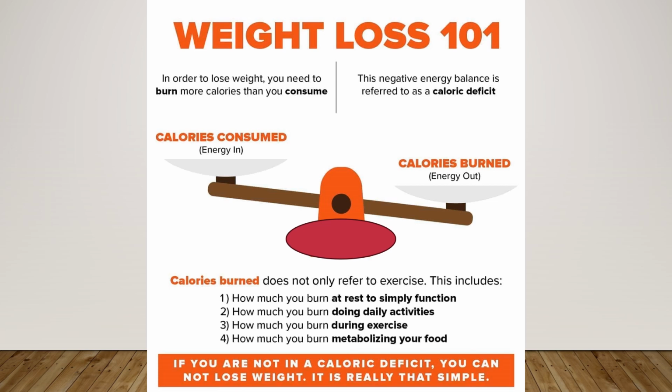Now BMR is important to know when you are going to follow a calorie deficit diet. To go for a calorie deficit diet, make sure you have your BMR well written somewhere. Let's understand how we are going to work on the calorie deficit. This negative energy balance is referred to as calorie deficit.